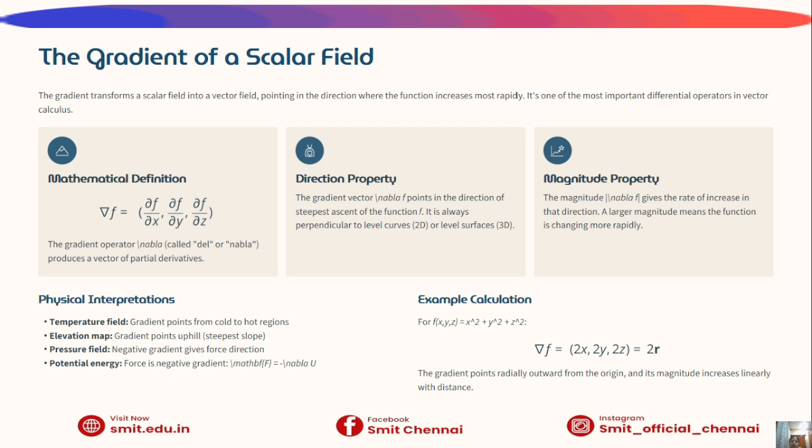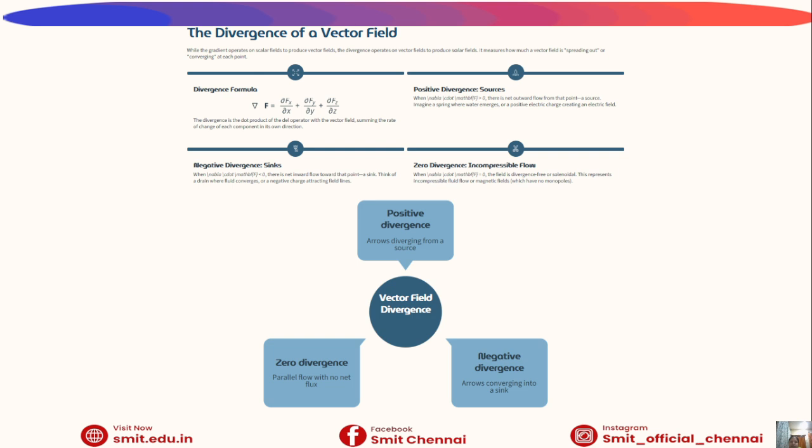For example, in a temperature field, the gradient points towards the direction of maximum temperature rise. In electromagnetics, the electric field is the negative gradient of electric potential. This means the electric field always points in the direction of decreasing potential.